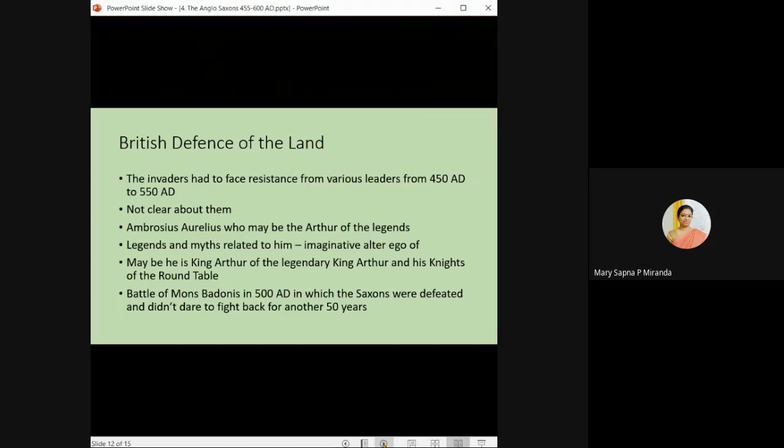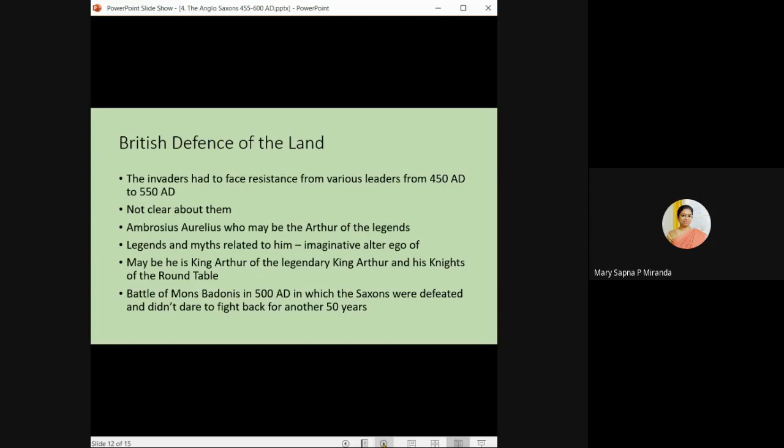Maybe we just have one name here or there. This is not to say that the British rulers did not put up a fight. Yes, they did put up a great fight against these leaders from different tribes who were trying to overrun the whole of Great Britain. We are not very clear about all their names.